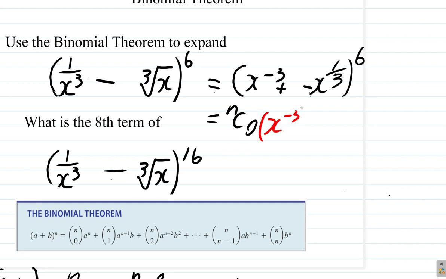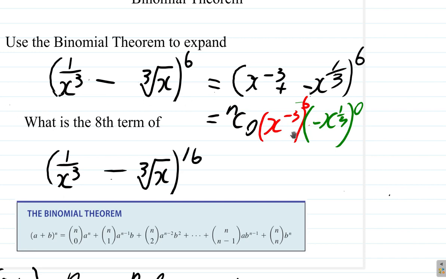Let me put that in brackets. And we have times negative x to the 1/3. Now x to the negative 3 will be to the 6. Negative x to the 1/3 will be to the 0. Alright?